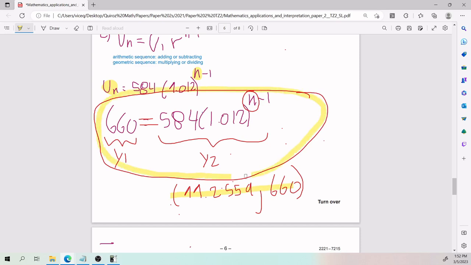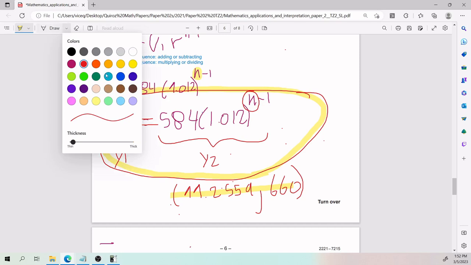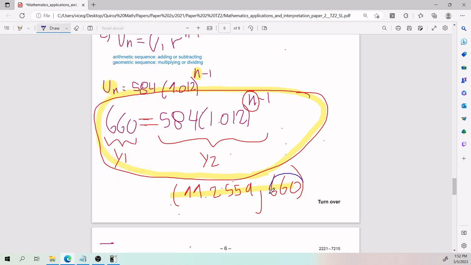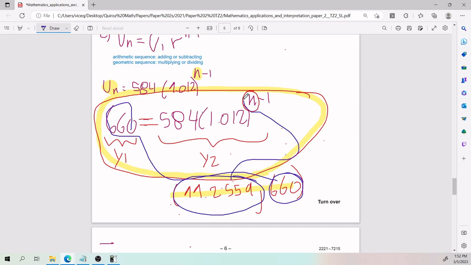How do I interpret this? Well, my 660 is here, and my 11.2559 is here. That's how the calc intersect helps me find any sort of variable. The reason I use this trick, I should have mentioned, is that my variable was an exponent, and it's hard to solve when it's in an exponent. This is my favorite tool. I hope it helps.